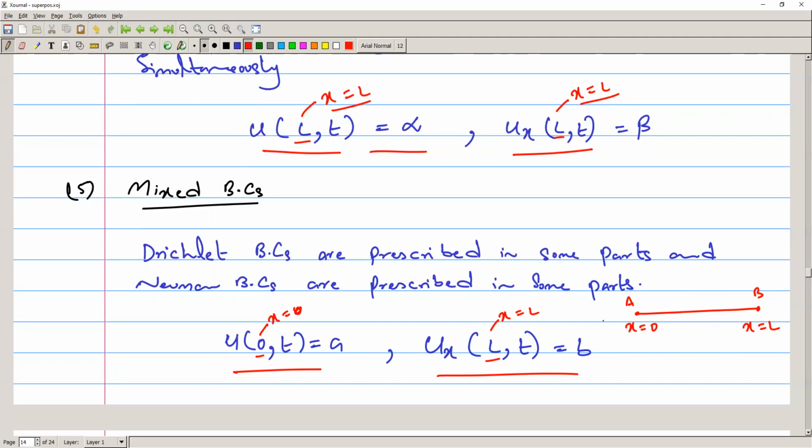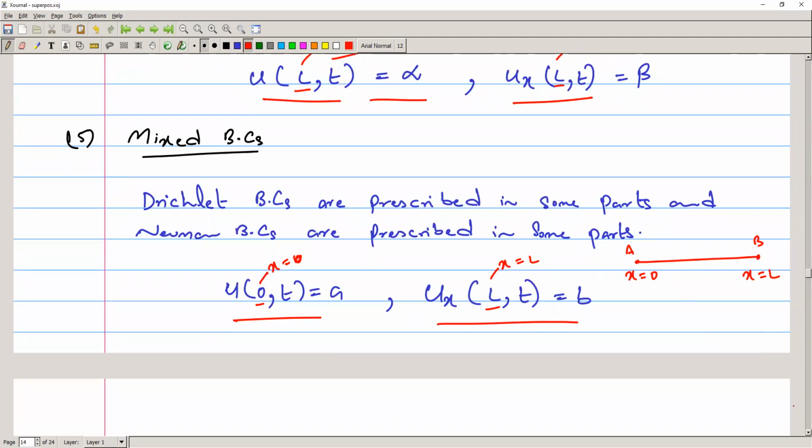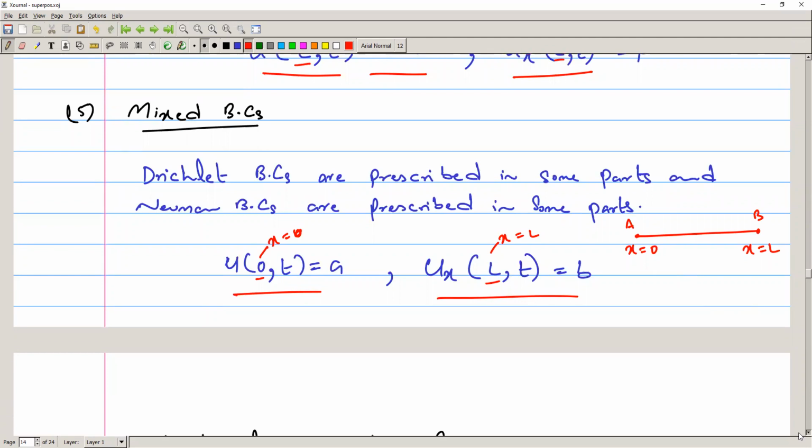We are providing some constant heat. So this is the interpretation of these boundary conditions.